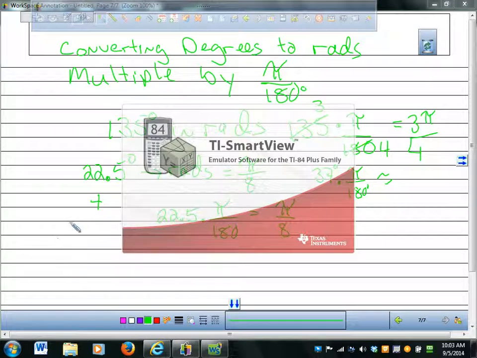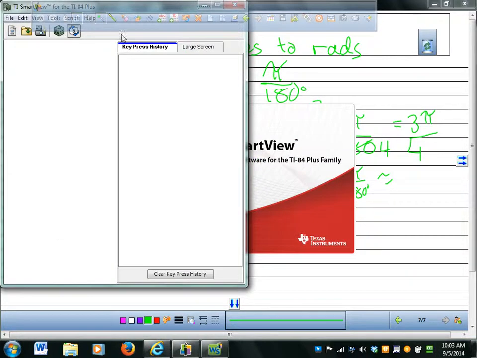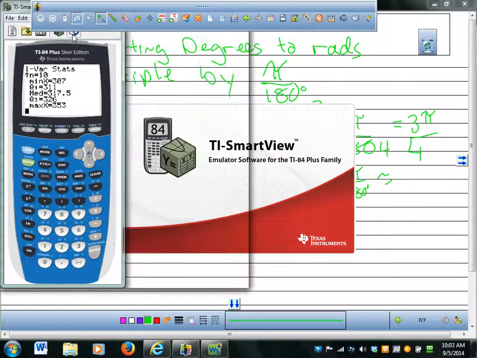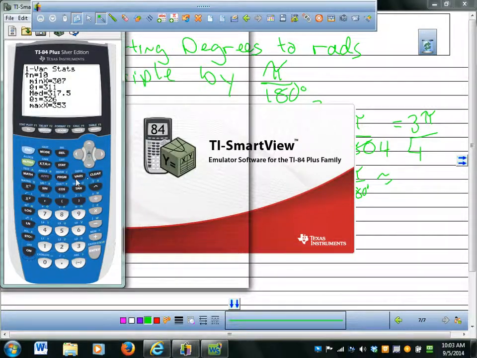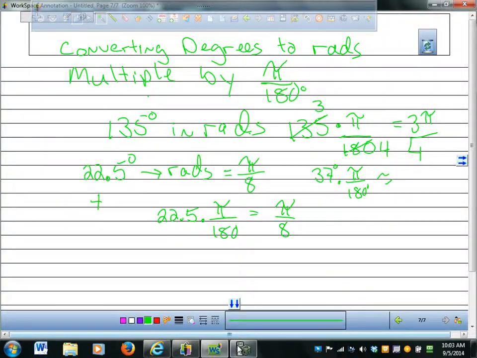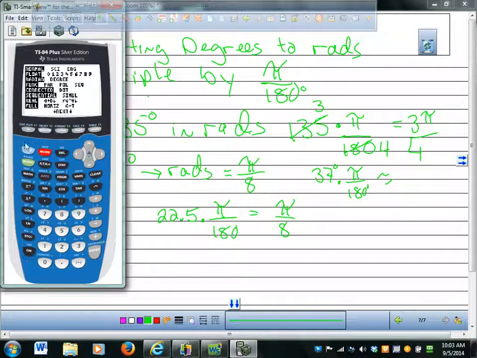But there's also a way to do it. I kind of forget. Maybe I'll remember. So if you're on your calculator, second quit 37. Second quit 37.